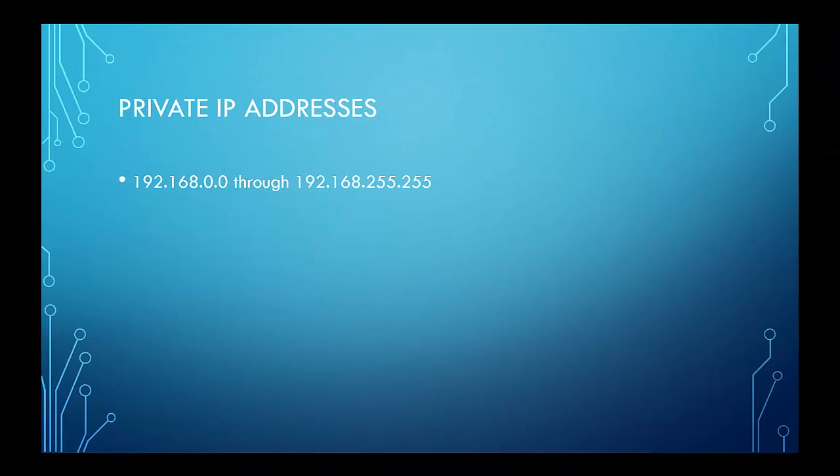The range of the most commonly used private IP addresses used in NAT is shown in the slide. That is 192.168.0.0 through 192.168.255.255. So this is what you get to see most commonly, but there are other ranges of private IP addresses used in NAT, including the following.